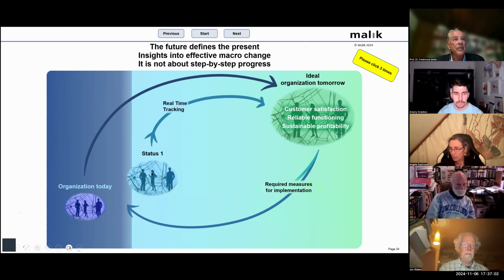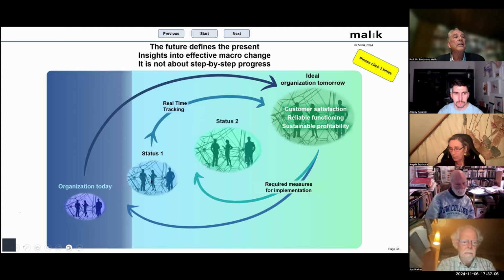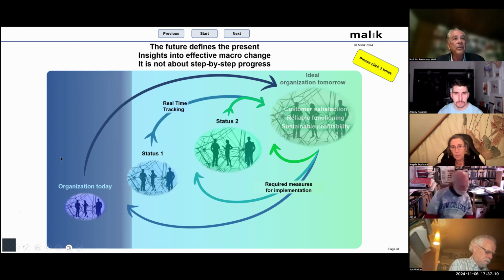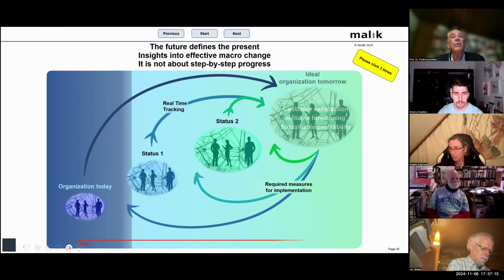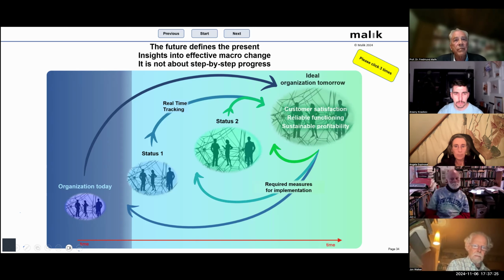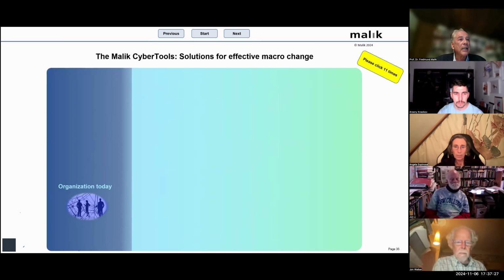And then you see already status 1, the next look at the lines, and then status 2, and then we have the ideal we should achieve, or come to, the ideal organization tomorrow, at least by thinking of it. It might not yet be practice, but already some sort of science.